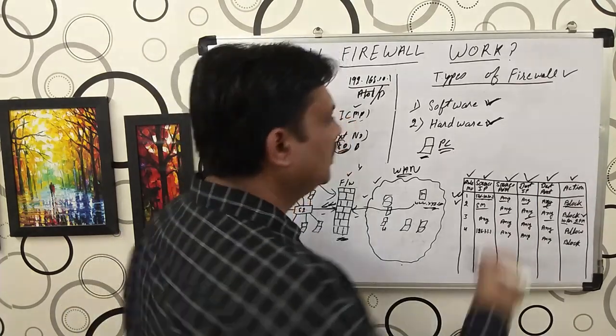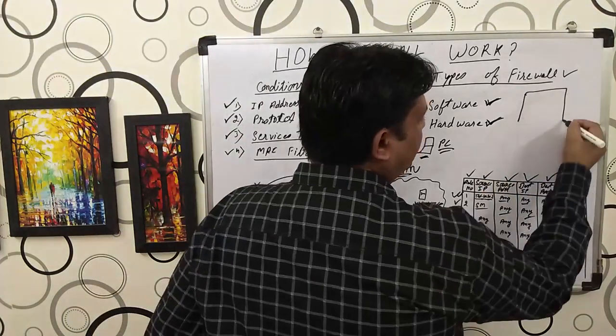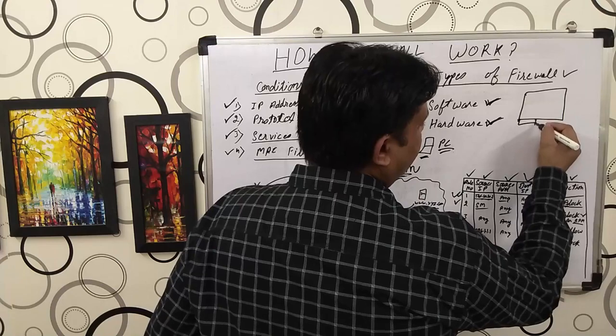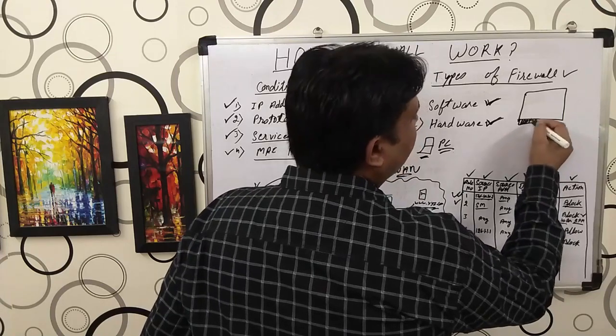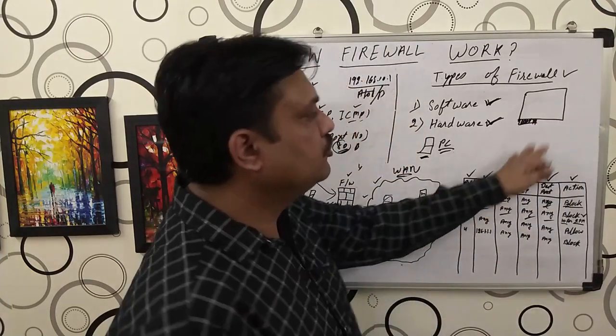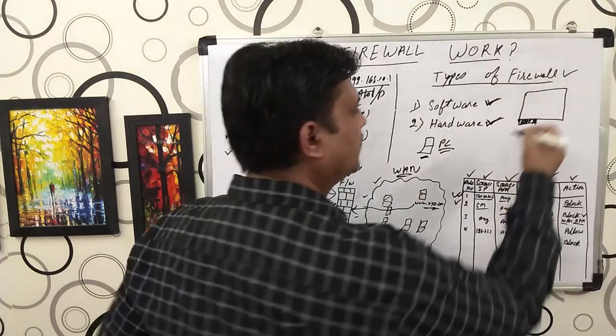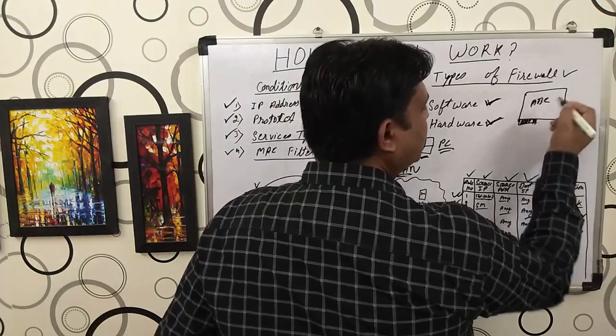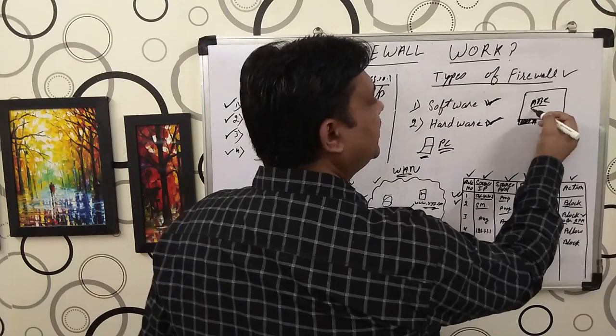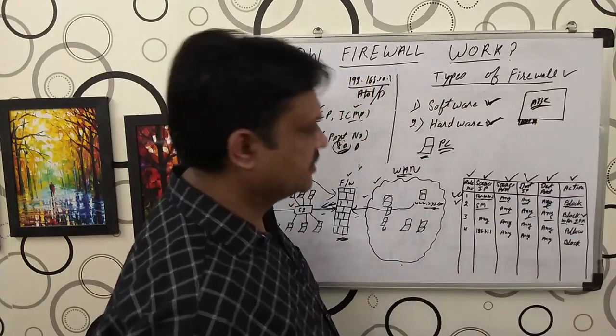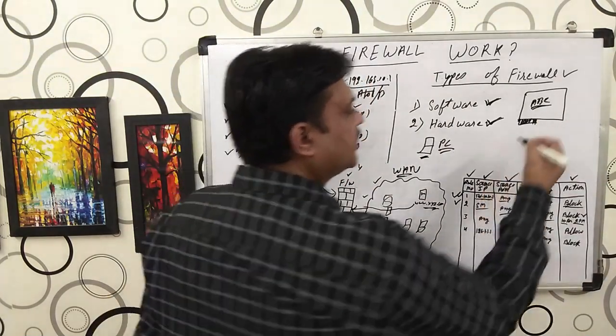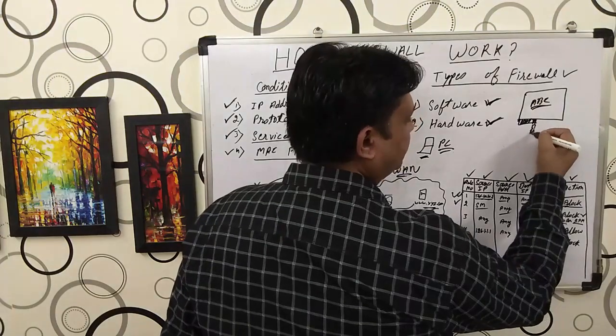For example, this is your company. Here is a gate from where anyone can enter your company. The company name is, say, ABC. This ABC company has appointed a security agency, and one security guard is standing out here.